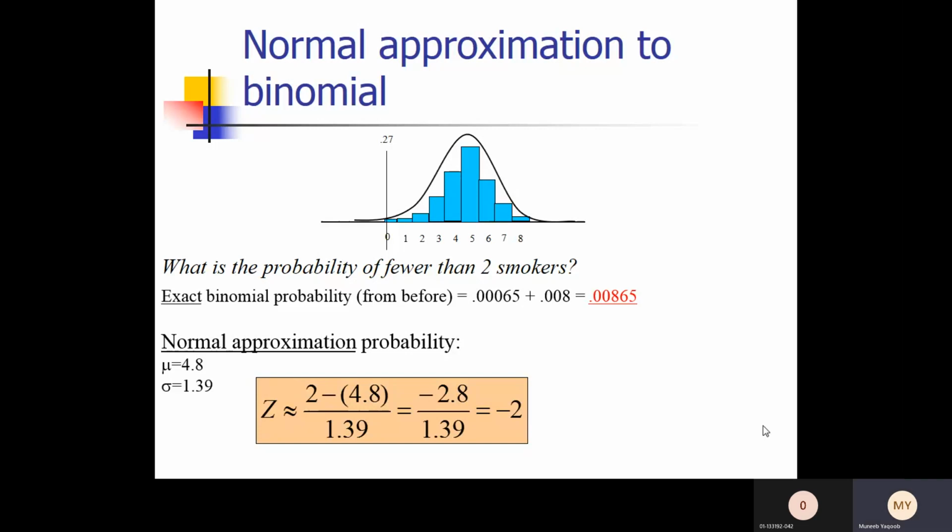We subtracted 4.8 from x, and then divided the result by the standard deviation 1.39. Hence, x becomes z, which equals minus 2. Now, if you calculate the probability of this minus 2, it would be equal to 0.022.